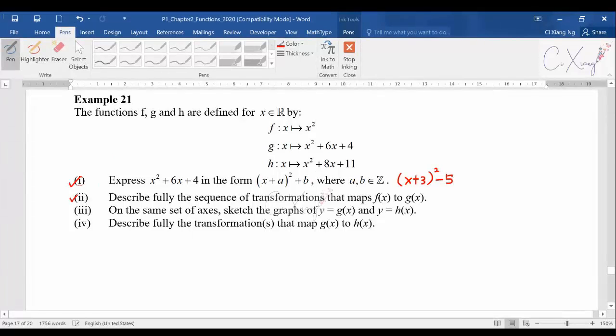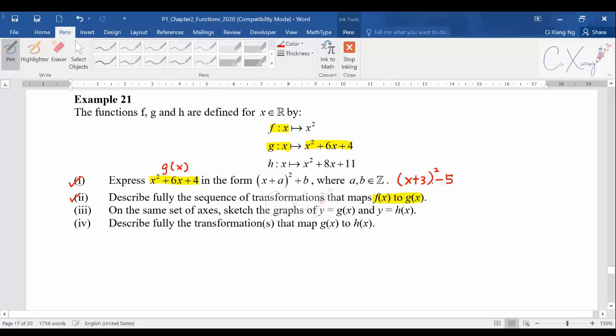For the second part, they want you to describe fully the sequence of transformations that map f(x) to g(x). This is your f(x), this is your g(x). What I want you to know is that the g(x) here, just now you already found out the completing square for g(x). Can you see that or not? This is g(x) actually.